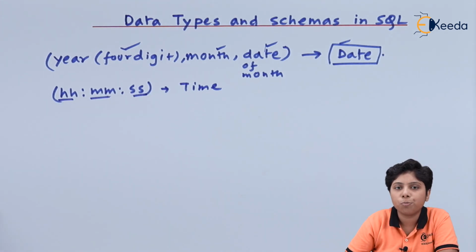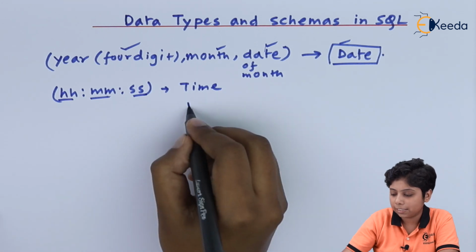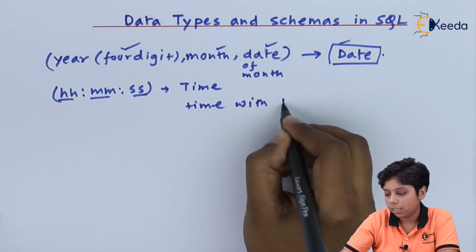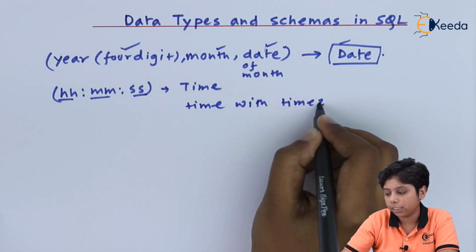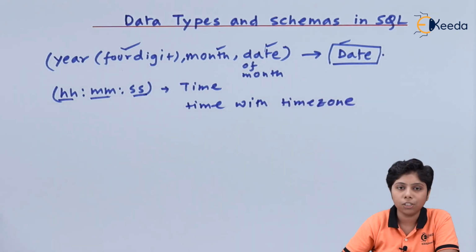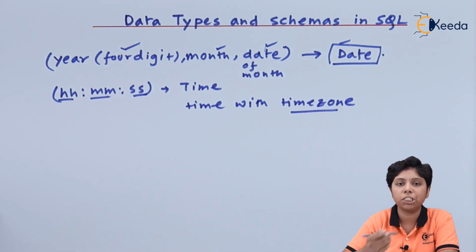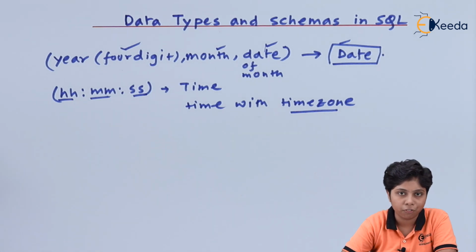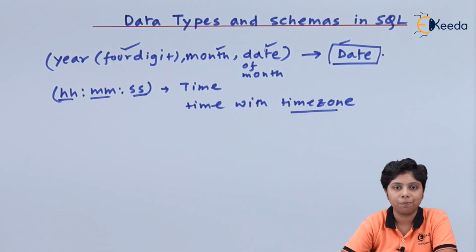There is an even more precise data type, time with time zone. The time with time zone data type gives us not only the time but also the time zone in which the time lies. Say for India there will be a different time and for America there will be a different time, so the time zone is mentioned for the time.